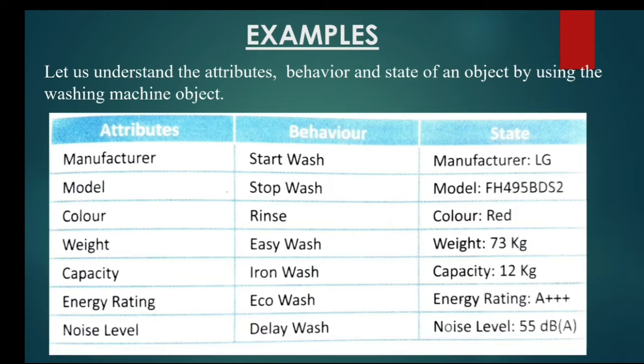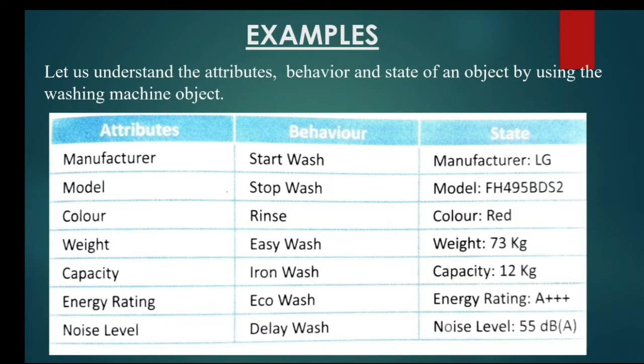The first column is characteristics and the second column is action. In the object oriented language, these characteristics are the attributes and the action is the behavior. And come to the third column, state.